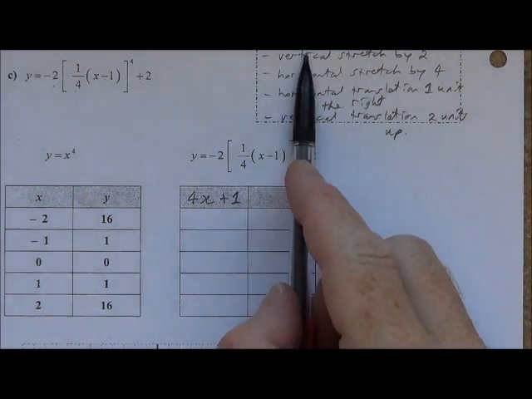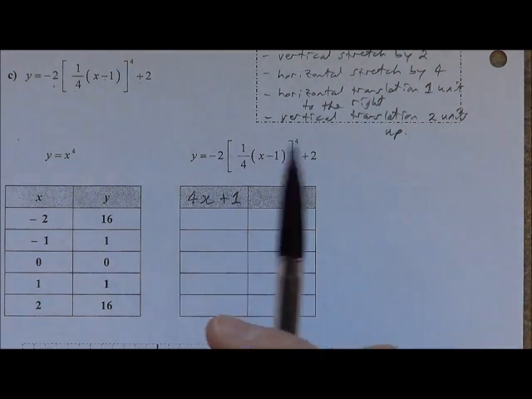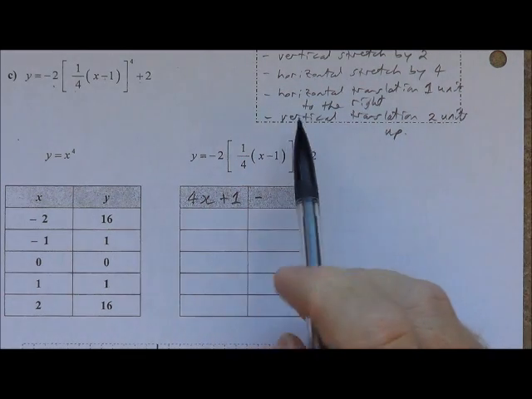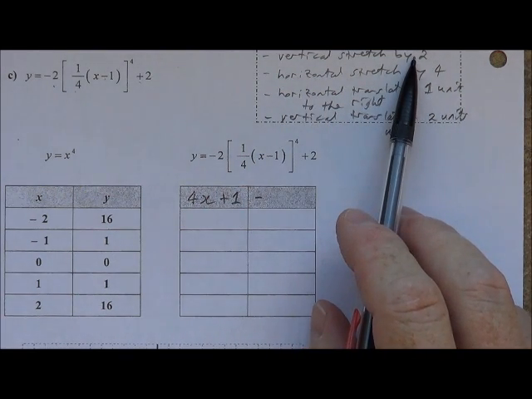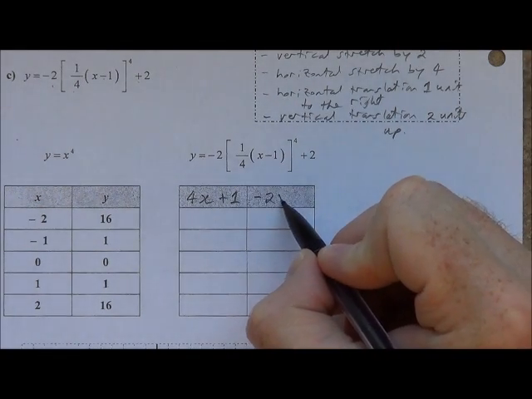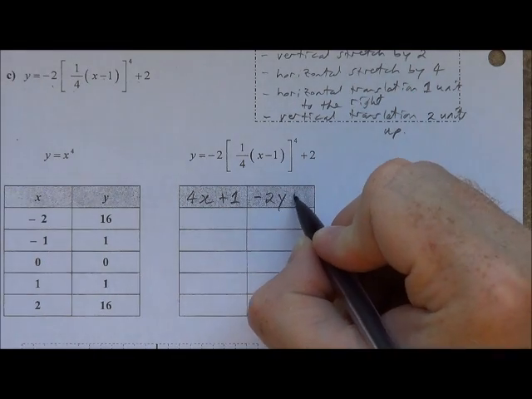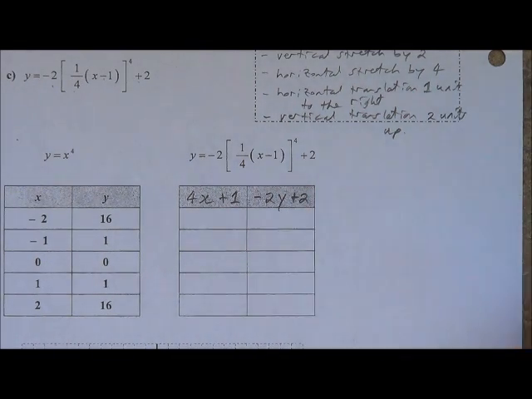Then we're going to have a reflection in the x-axis, which means that all the y values are going to be multiplied by -1. A vertical stretch by 2, which means obviously all the y values are going to be multiplied by 2. And then a vertical translation up 2 units. So we add 2 to that product.